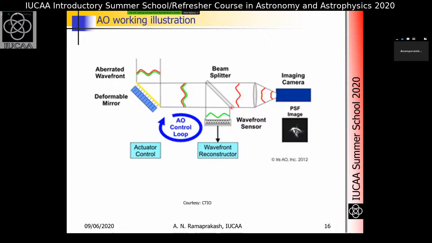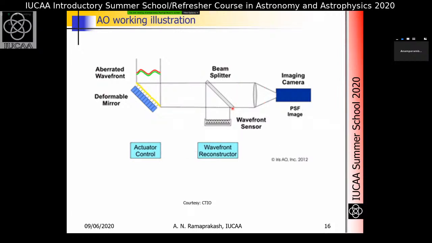But here is a beam splitter which magically, I can tell you how it can be done, but in some way separates the light from the target of observation, sends it this way, and the light from the guide star and reflects it this way. So that is the purpose of this beam splitter.